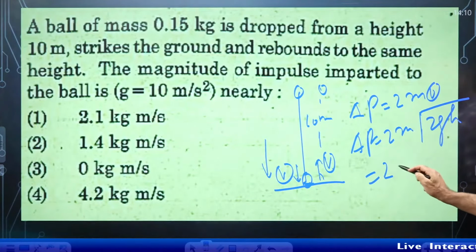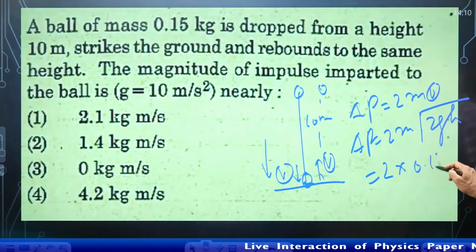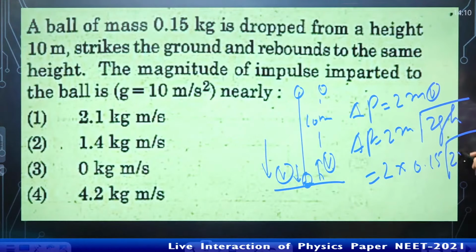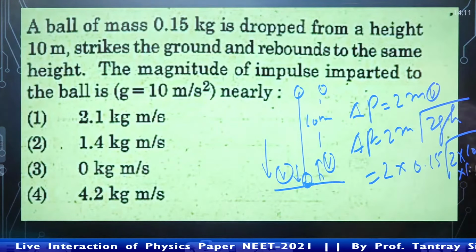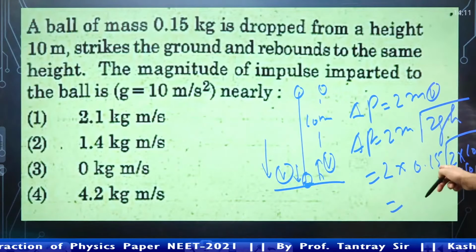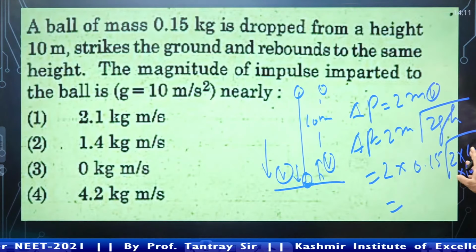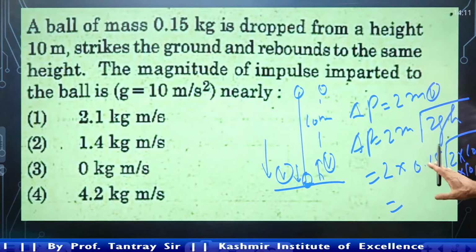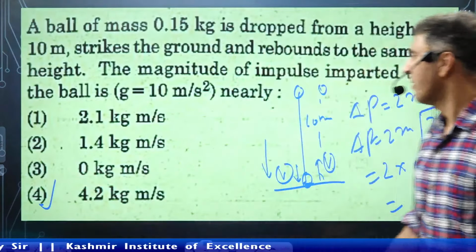It is 2 m, given the value of 0.1 kg, root of 2 into 10 into what is h, how much height, 10 meters. If you substitute them, it is 2 into 0.1 into root 200, that is about 2.8. Yes, it is 4.2 answer. You can guess the answer.